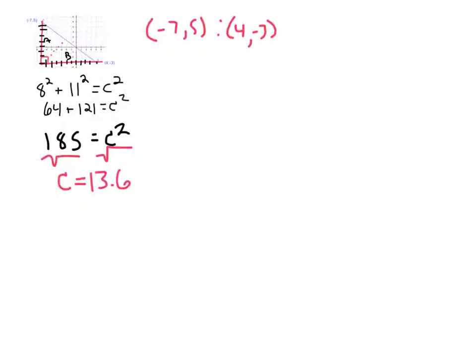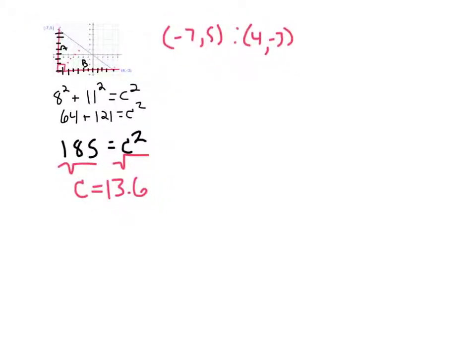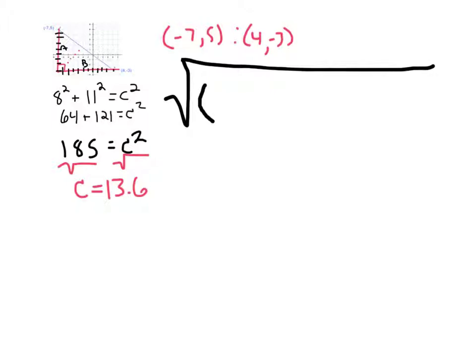As you may or may not recall, distance equals the square root of x2 minus x1 squared plus y2 minus y1 squared. Again, we have our smaller number, larger number, x1, y1, x2, y2. So it's x2 minus x1 squared. x2 is 4 minus x1, which is negative 7.